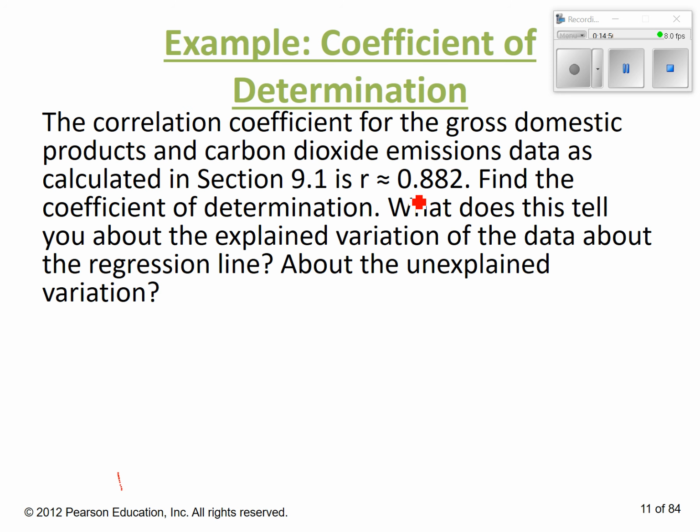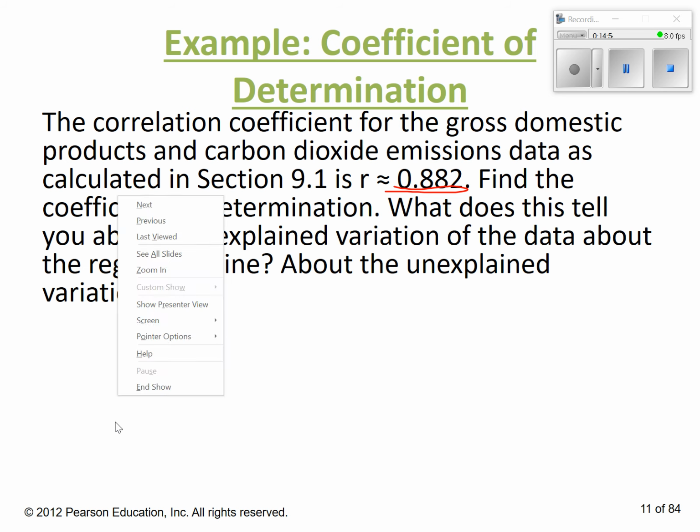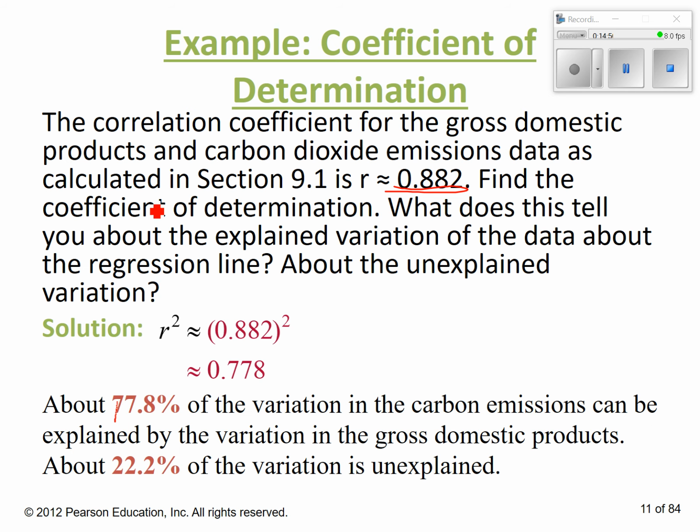All we're going to do is take this number right here and square it. And we come up with 0.778. What that tells us, if we bump the decimal over 2 places, is that about 77.8% of the variation in the carbon emissions can be explained by the variation in the GDP, the gross domestic products.